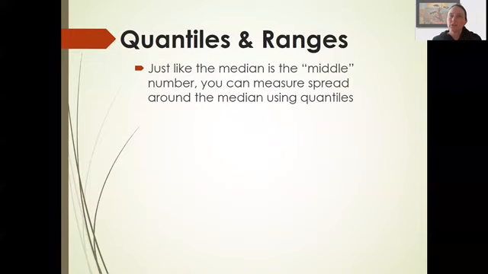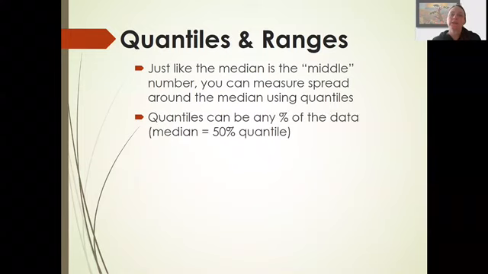A few more measures of spread are the quantiles and ranges. So just like the median is the middle number, if you put all your data points in order, you can measure the spread around the median using quantiles. And quantiles can be any percentage of the data. So the median is the 50th quantile.